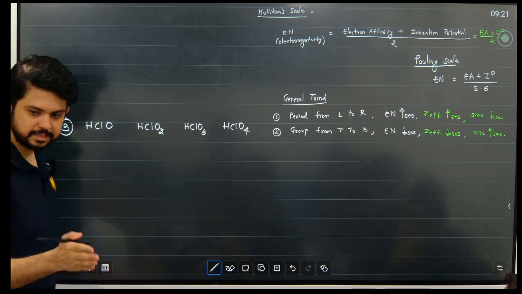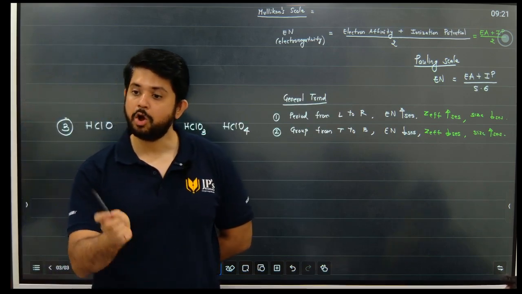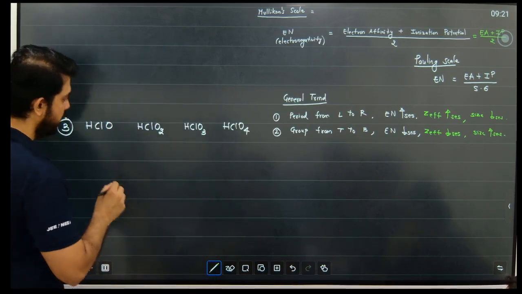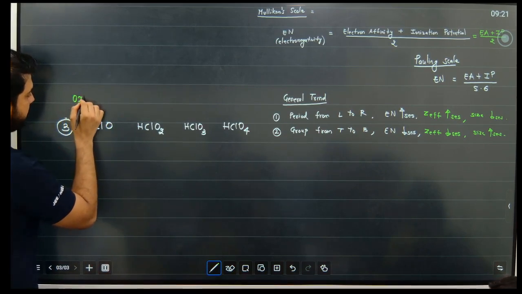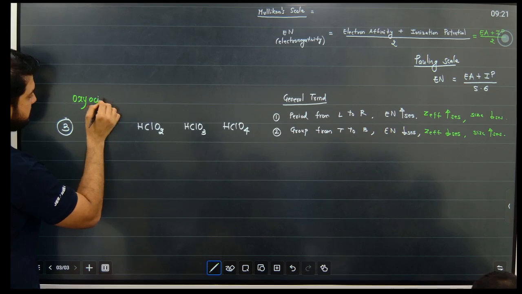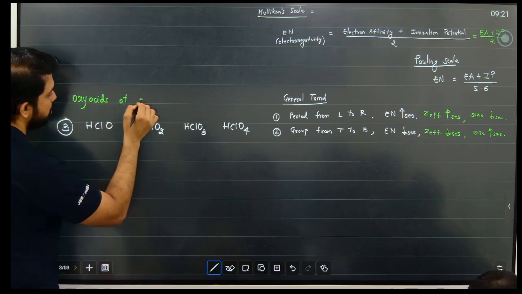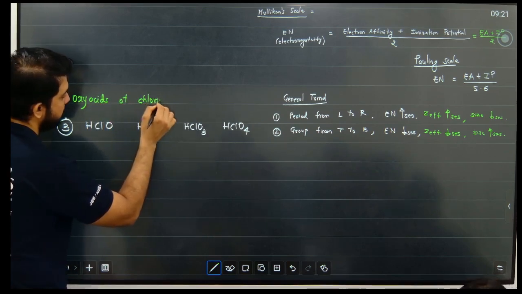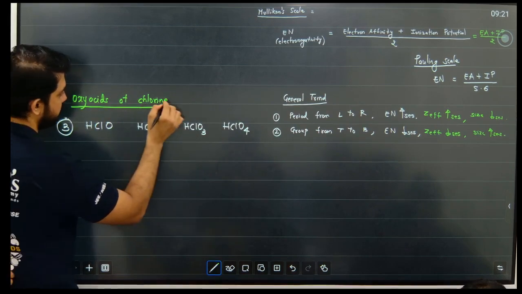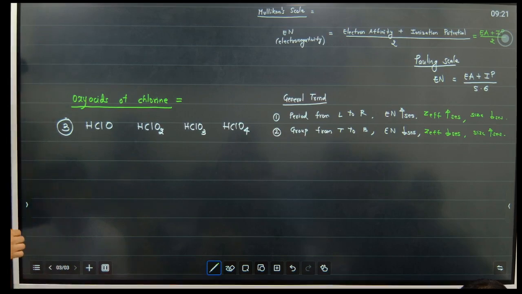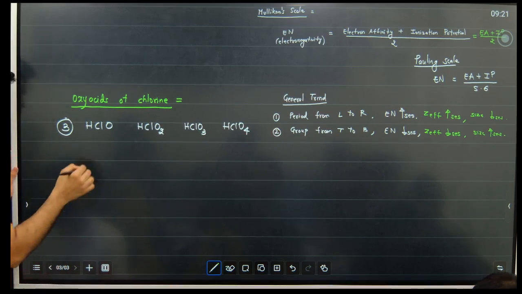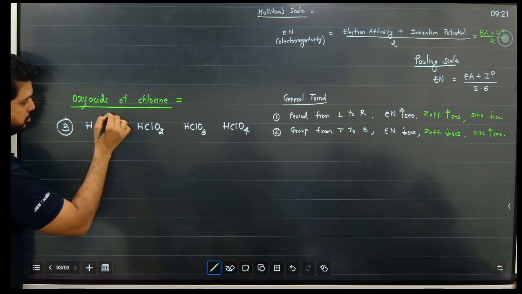Oxy acids means acids containing oxygens. ठीक है, इनको हम क्या बोलते हैं people? We call these oxy acids of chlorine. Now, the charge on oxygen is -2.